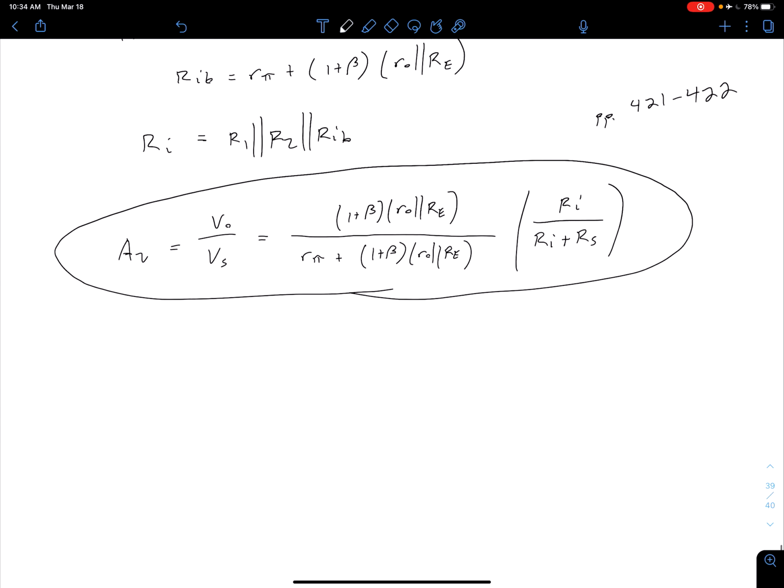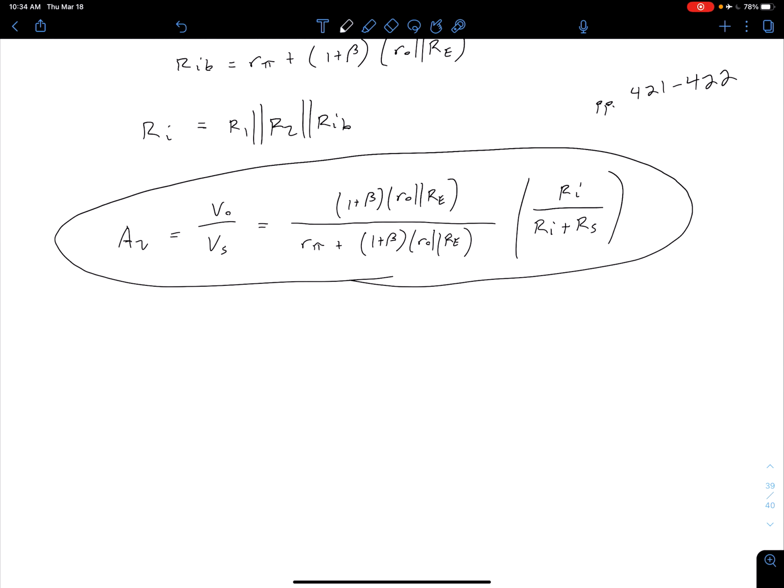So looking at this expression, we can note a couple of things. Typically we're going to assume that our Ri is relatively large, such that this term over here is going to be about 1. Looking at the first fraction, we can see that it's essentially the same, we just have this r pi term here. And so this fraction out front is also going to be approximately 1, but a little bit below because we do have that r pi in the denominator.